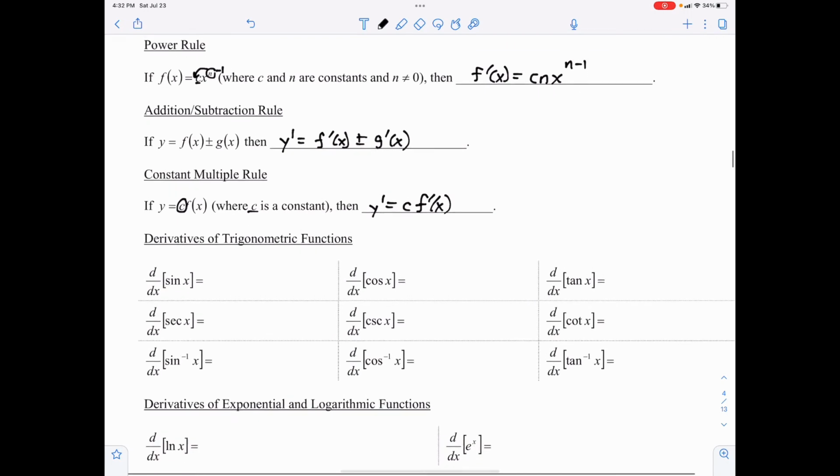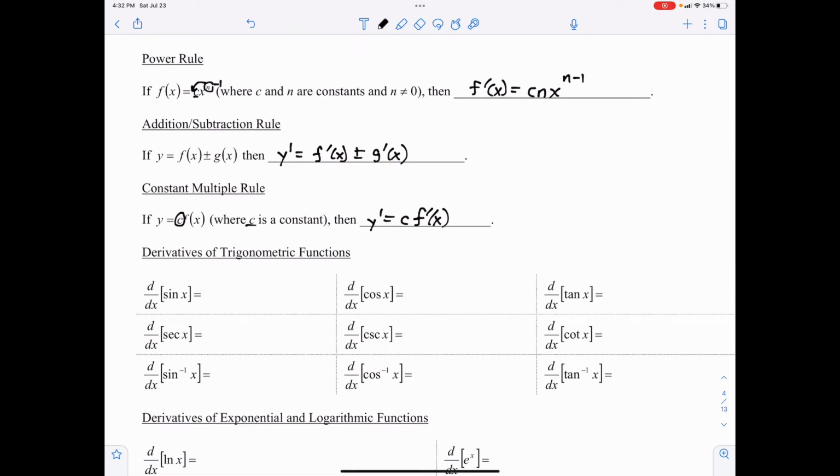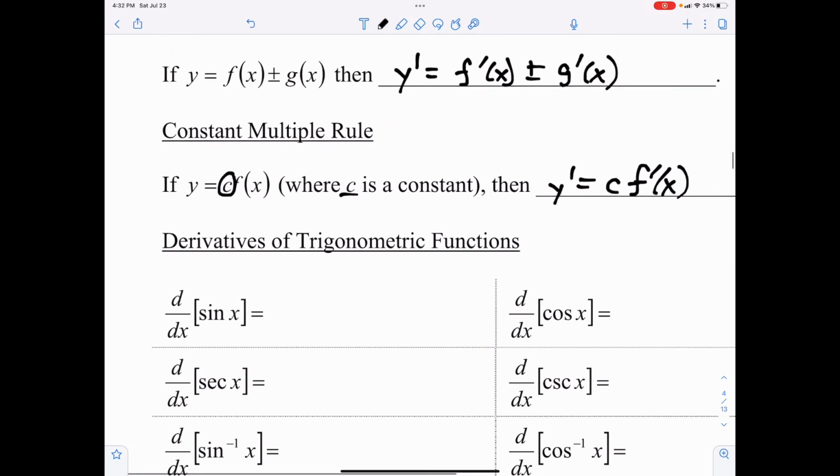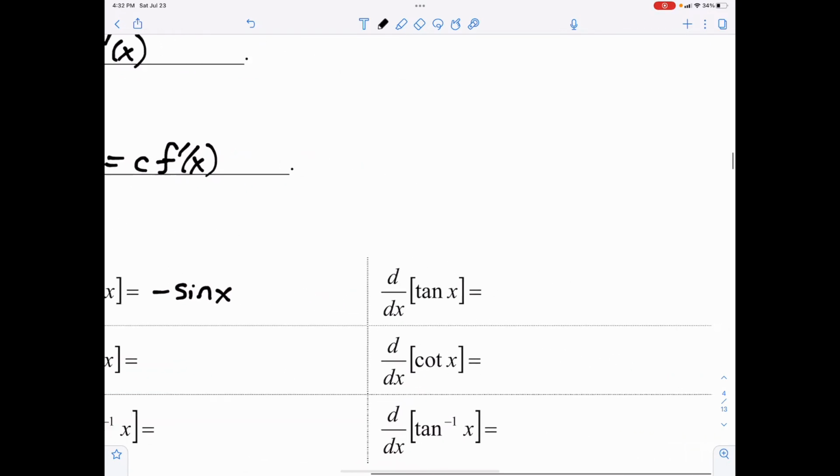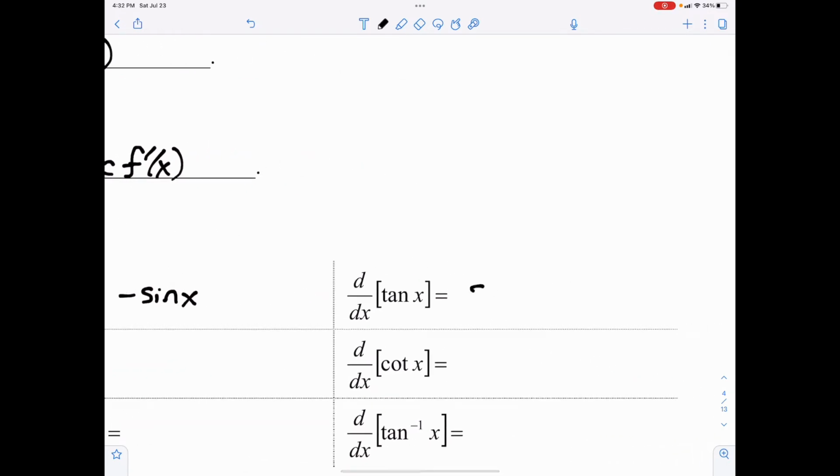Let us take a moment to remind ourselves of the derivatives of various trig functions. The derivative of sine of x is cosine of x. The derivative of cosine of x is negative sine of x. The derivative of tangent x is secant squared x.